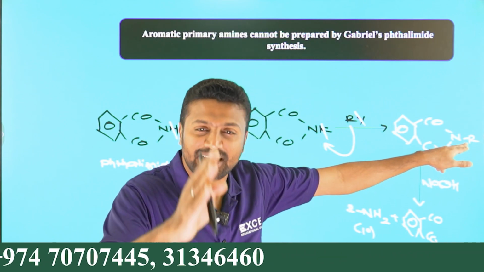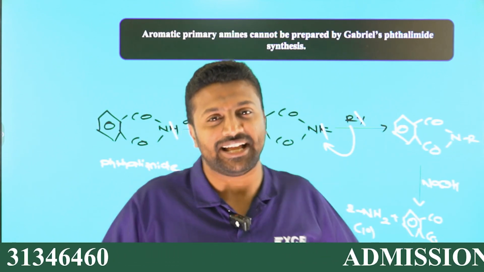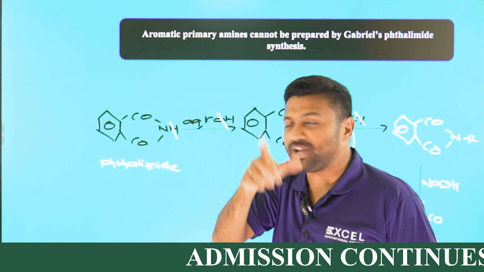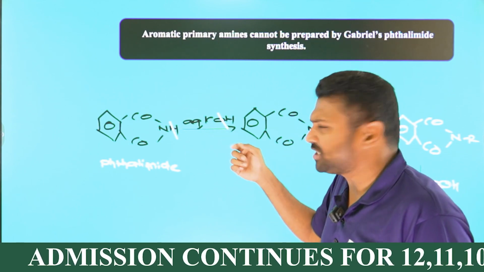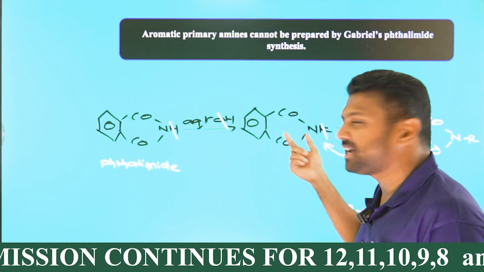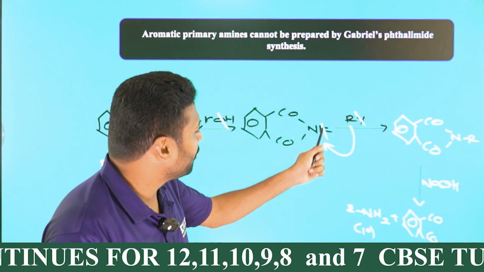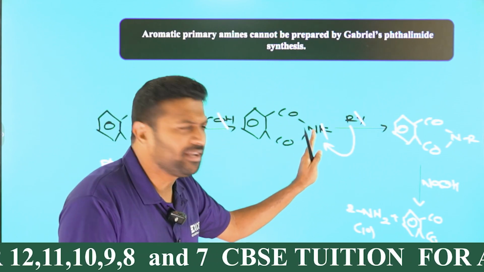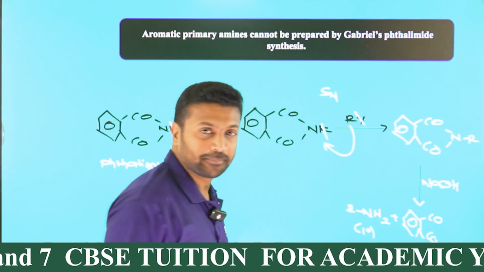During the Gabriel phthalimide synthesis, we start from a compound called phthalimide, benzene ring with CO-CO-NH, initially passing aqueous KOH. This H and OH will be removed as water. NH will become NK. NK passing over RX, alkyl halide. This reaction comes under SN reaction, called nucleophilic substitution reaction.